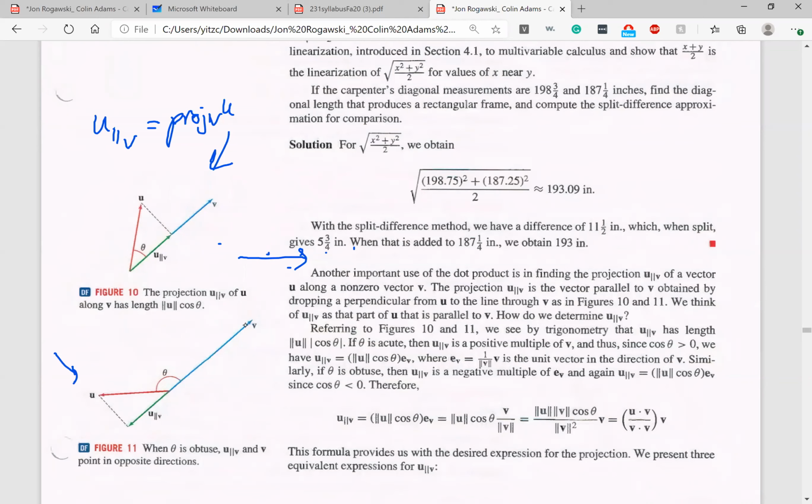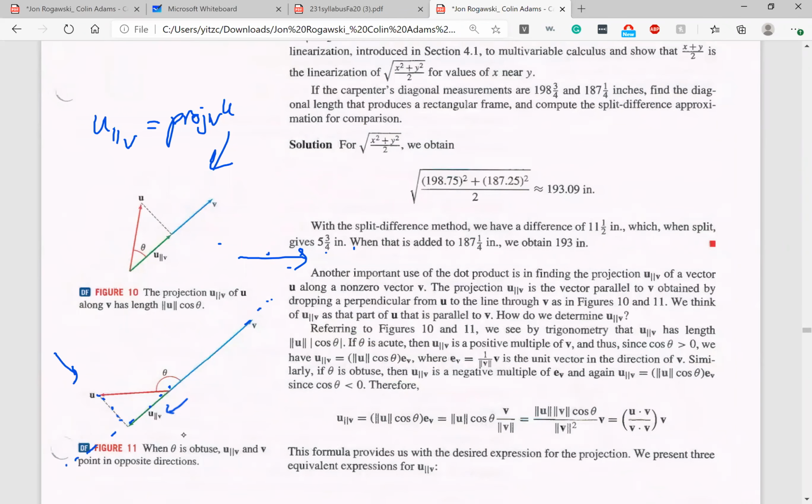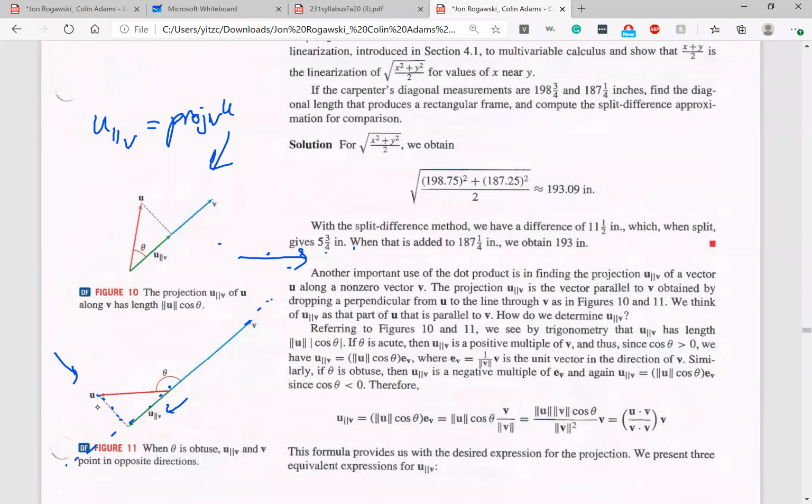You can imagine that we extend v into a line, and then we project it. So we can still talk about the projection of u onto v, even if they're going in two different directions. Any questions about this?